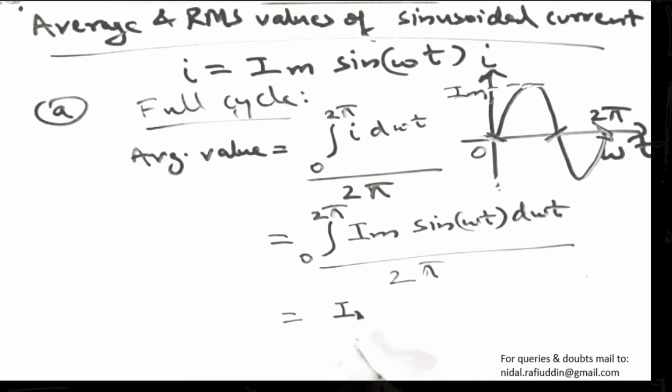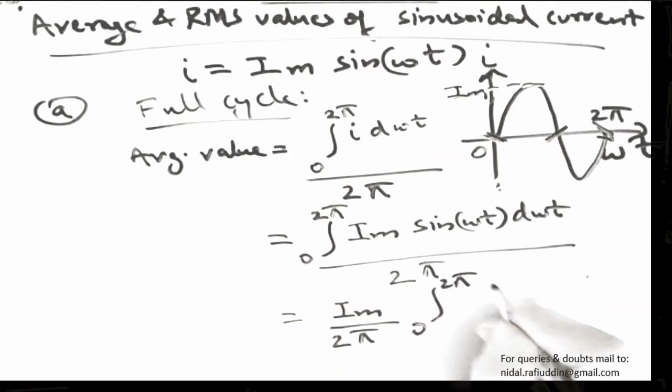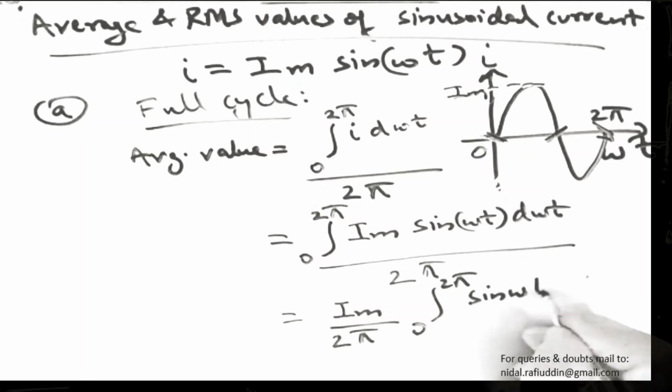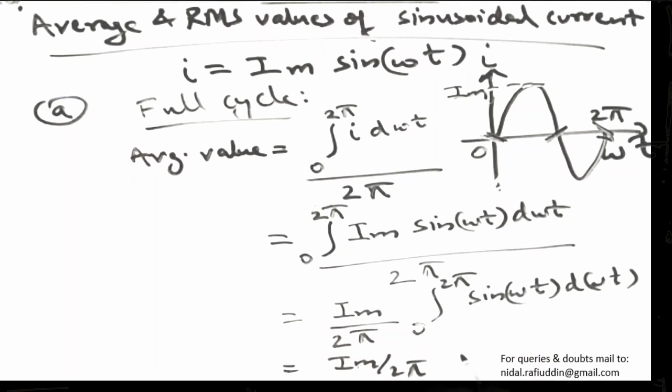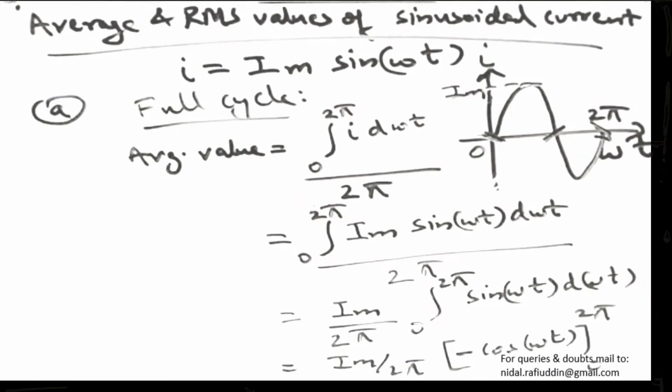We take Im, which is always constant, outside, and then we are left with 0 to 2 pi limit sine omega t d omega t. So this can be further written as Im divided by 2 pi. If you integrate sine omega t, you get minus cos of omega t from 0 to 2 pi.